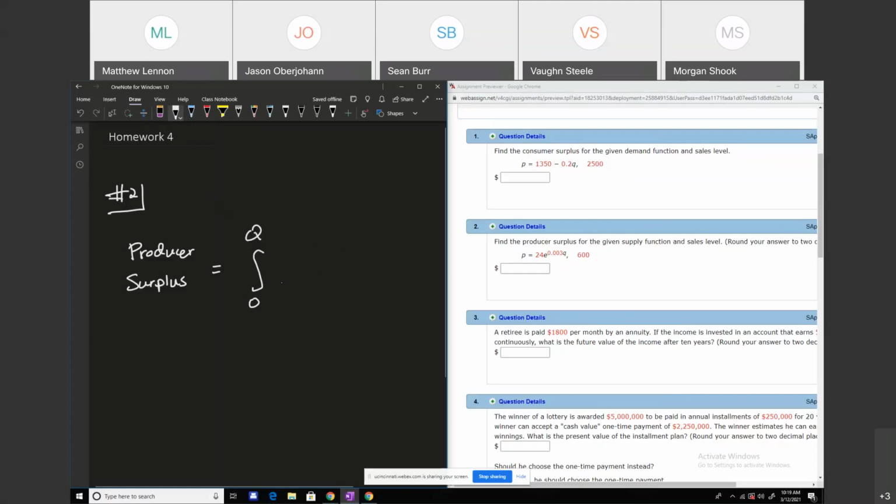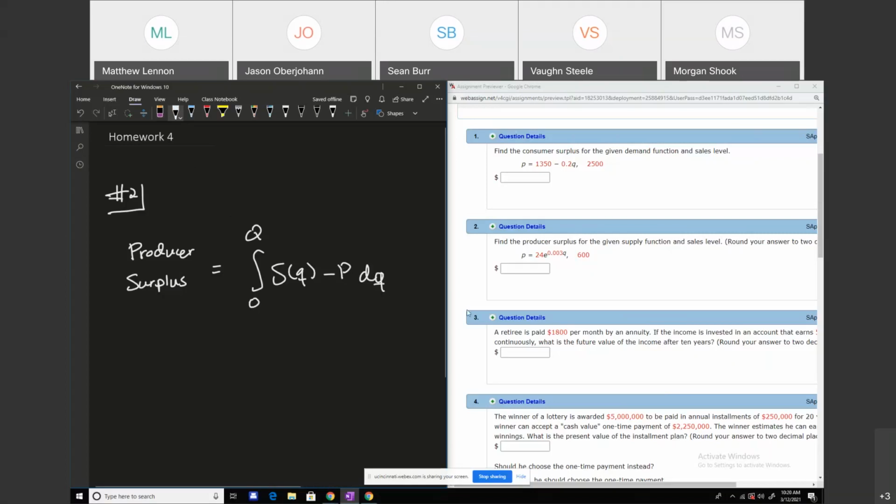And then we've got the supply function. So the supply function, I think, is going to be S of Q minus P. Sorry, my computer's lagging a bit. S of Q minus capital P dq.